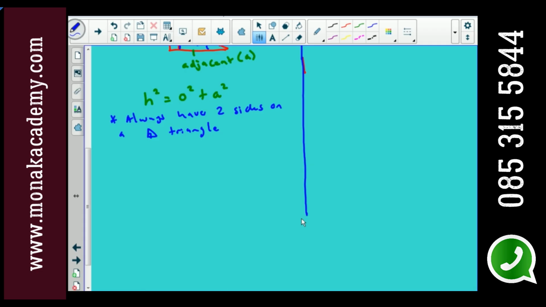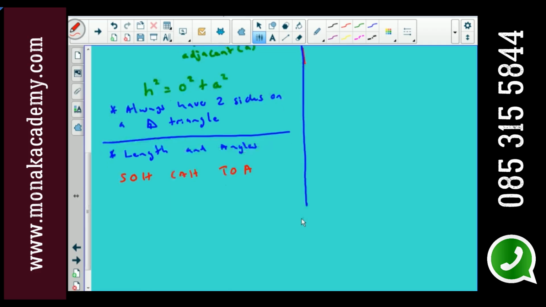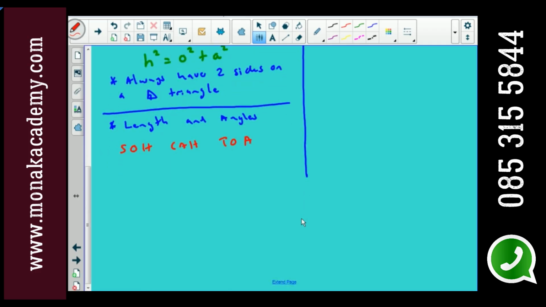methodology. Right. So now, in order to calculate both the length and angles, you can use the SOH-CAH-TOA method. Right. So what does this SOH-CAH-TOA method represent?